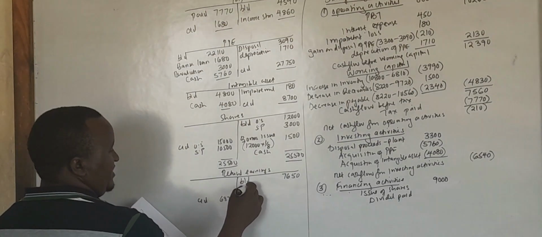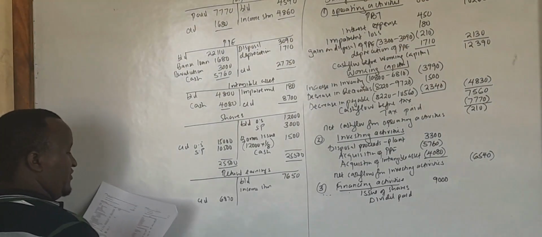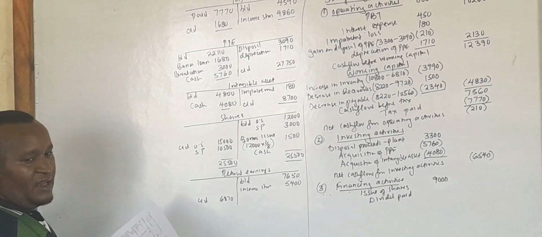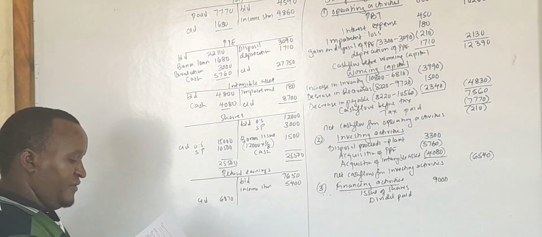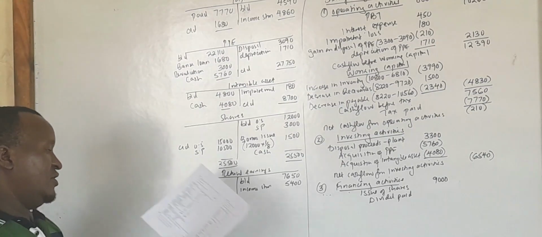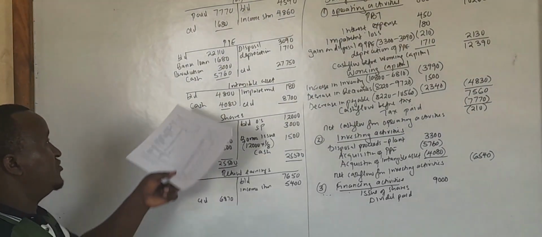Income statement. We had what? The profit for the year was? 54 and 400. Yeah, profit for the year. We are not using the total income because the gain on revaluation was put under the revaluation reserve.